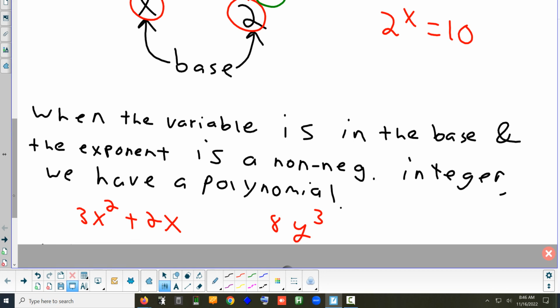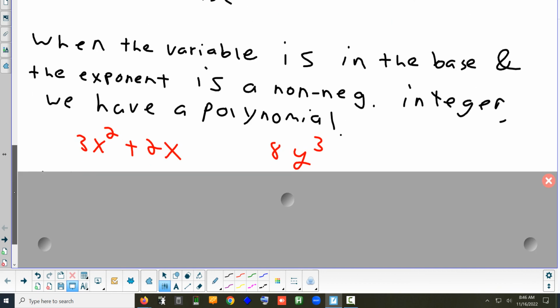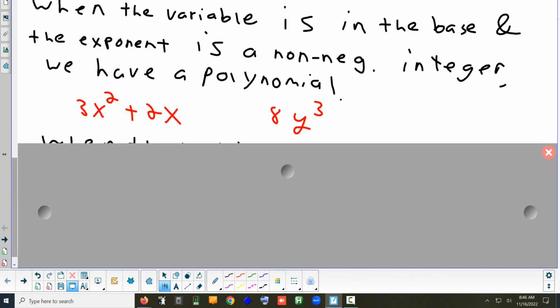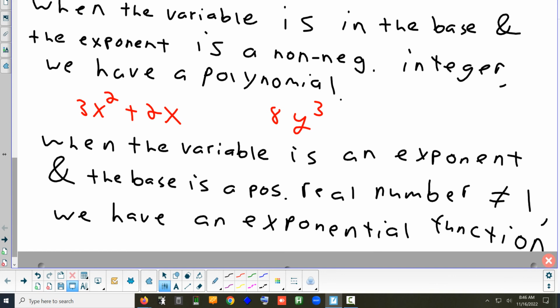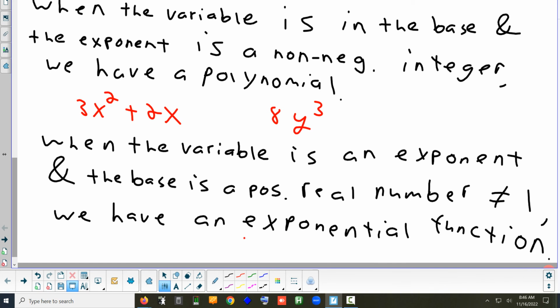Variable in the base, and the exponent is a number that's not negative and not a decimal. We've studied those a lot. We started talking about polynomials back in chapter 2 when we did quadratics. What we're going to focus on now are exponential functions.